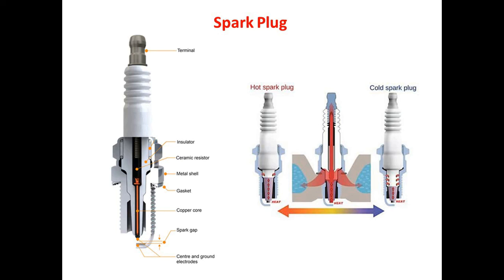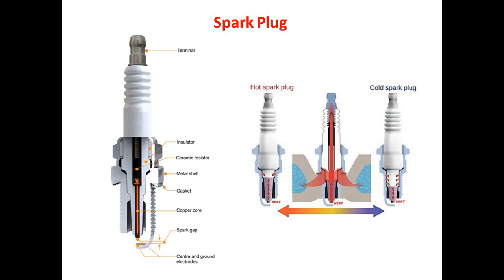Out of the two electrodes, the central electrode is connected to the ignition coil with high tension ignition cables. For this, it has a terminal which connects to the central electrode, and the second electrode is welded to the steel shell, so it automatically gets grounded or earthed.